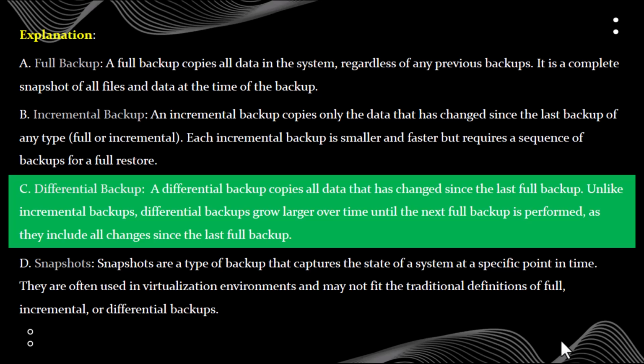A snapshot is a type of backup that captures the state of a system at a specific point in time, and they are usually used in virtualization environments and may not fit the traditional definition of full, incremental, or differential backups. So in the case of this question, the correct answer is option C, the differential backup. It copies all the data that has changed since the last full backup.